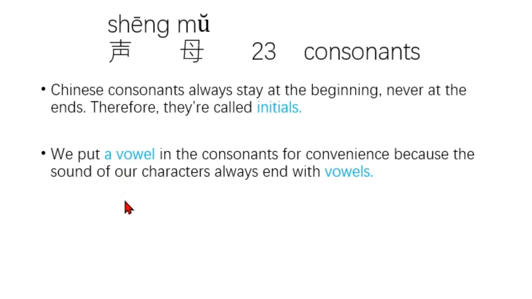Chinese consonants always stay at the beginning, never at the end. Therefore, they are called initials. And we put a vowel in the consonants for convenience because the sound of our characters always end with vowels. We are not used to pronouncing the standard consonants as you have.